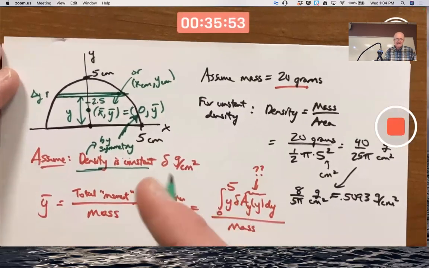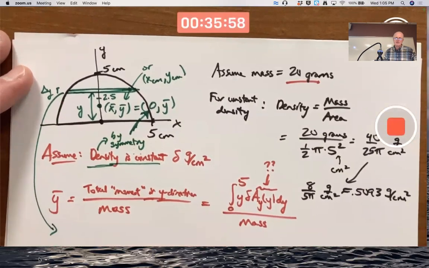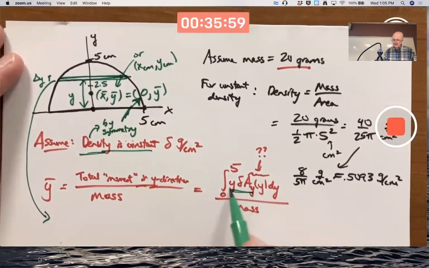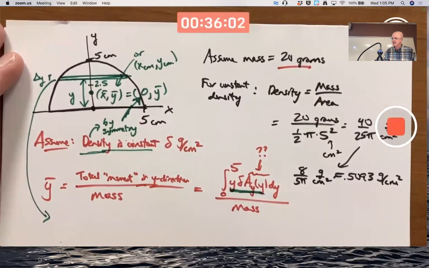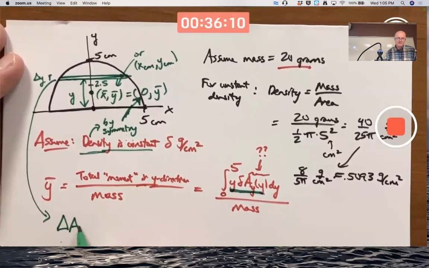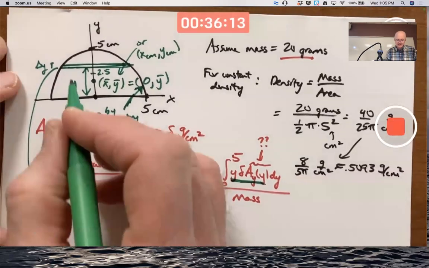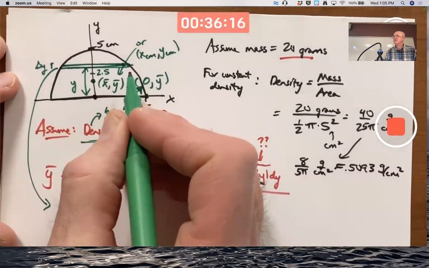But y is the moment of this thin slice. How is it related to what you see there, the function that you're integrating? You need to first figure out its area. What is its approximate area? Well, it's approximately a rectangle, a thin rectangle.